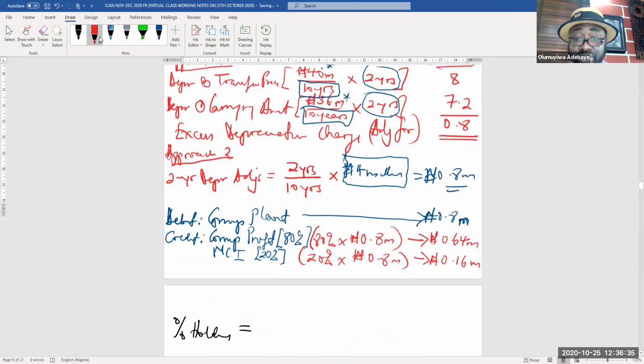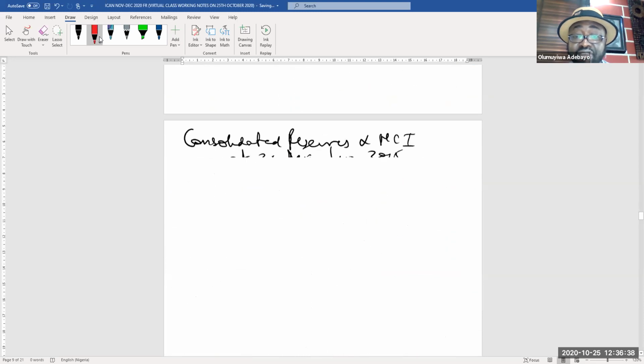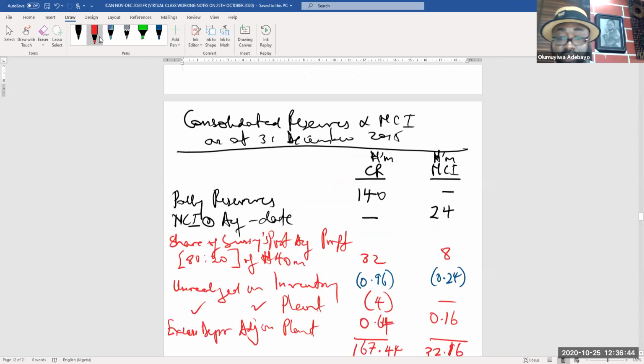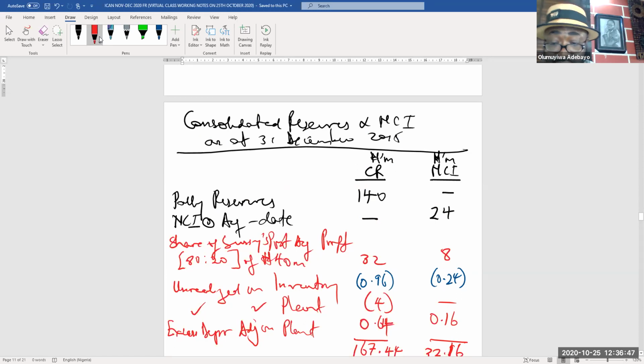In that light, where it only affected the parent before, we come here to say, no, this 4 million that affected the parent only before is no longer the parent, it's both the parent and what? NCI in the proportion they share profit or loss. Therefore, I'll come here to change the position to the fact that it's affecting both in the proportion they share profit or loss. The first one is 3.2. The next one is what? 0.8.